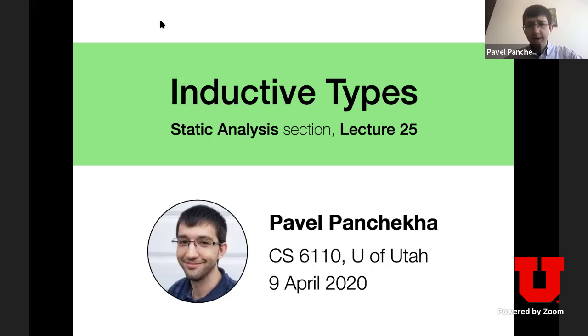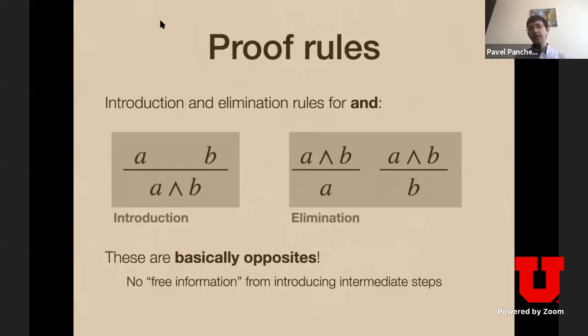If you remember, last time we started with the idea of what's a proof, and we introduced this idea of proof rules. For each logical connective like and, we had some introduction rules and some elimination rules. Introduction rules tell us how I prove a certain kind of thing like A and B, and elimination rules tell us how I use a certain kind of assumption.